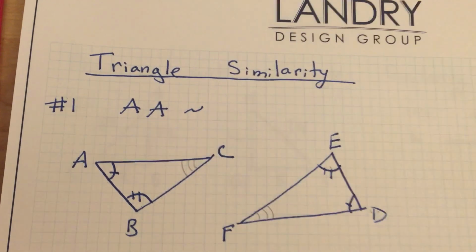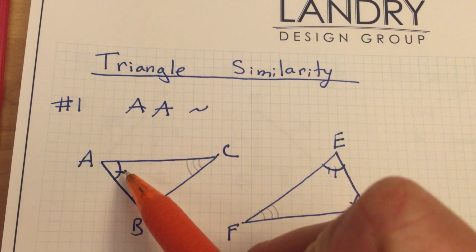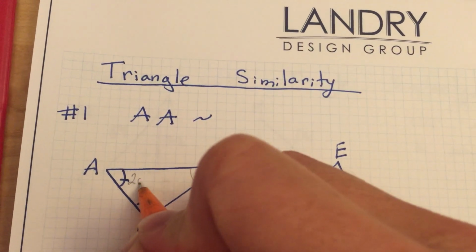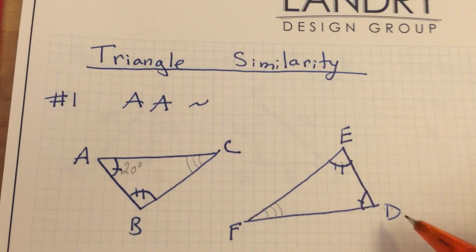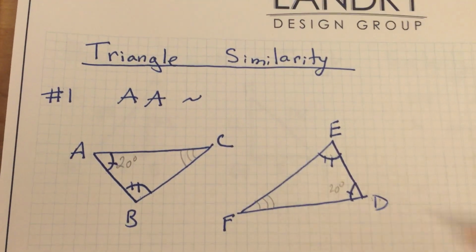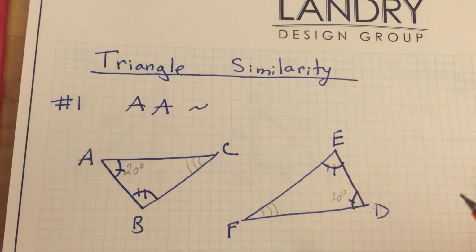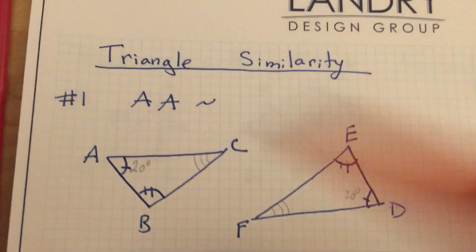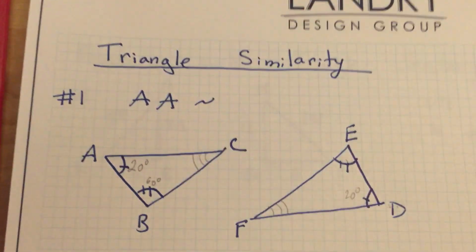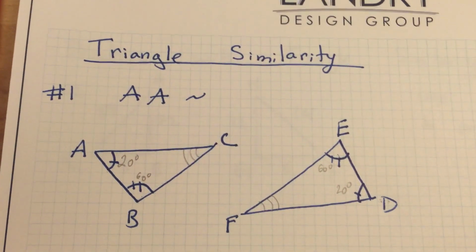So just for fun, if I make this 20 degrees, then what would be D? D would also be 20 degrees, right? If I make B, let's say, 60 degrees, just making this up off the top of my head, E is also 60 degrees.